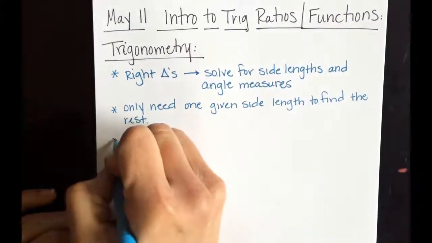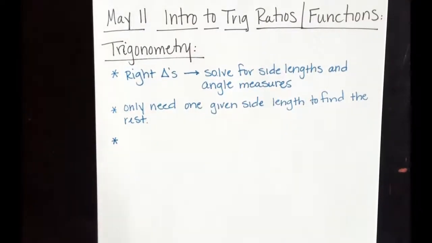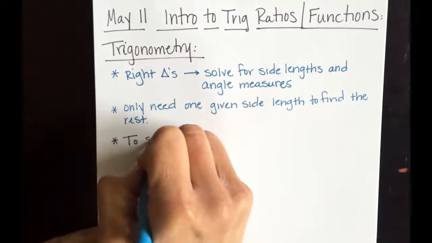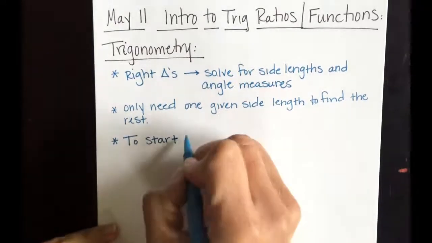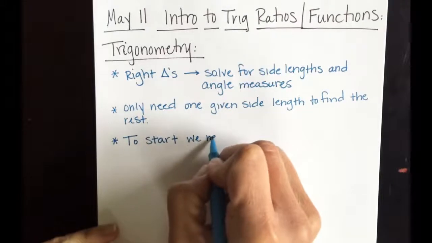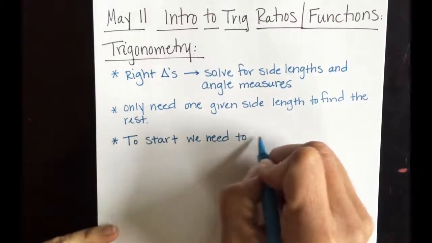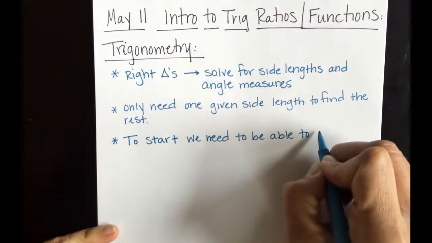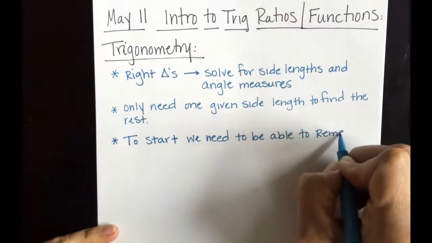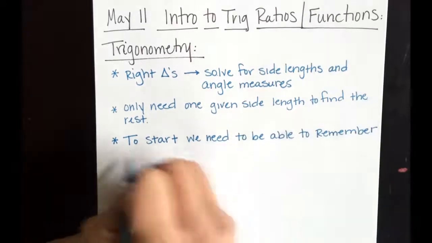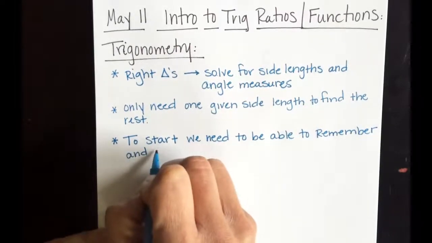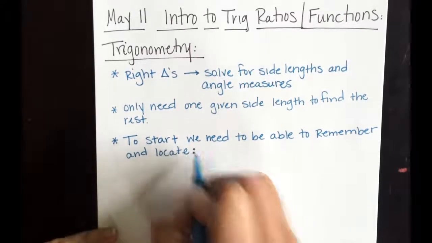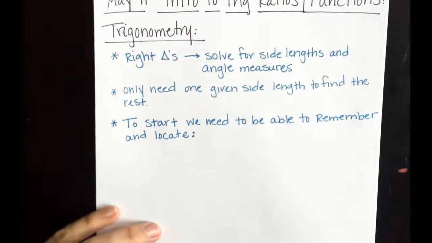Now, the other thing that we're going to want to look for as we go through this, to start, we're going to have to remember and locate a couple things.